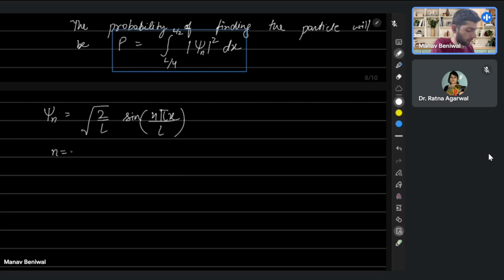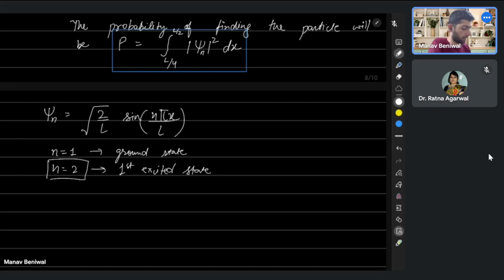Okay, n equals 1 means ground state, and n equals 2 will mean first excited state. And because the question asks about first excited state, we have n equals 2 here. This implies that our psi 2 will be under root 2 by L sine of 2 pi x over L. So this is the wave function.